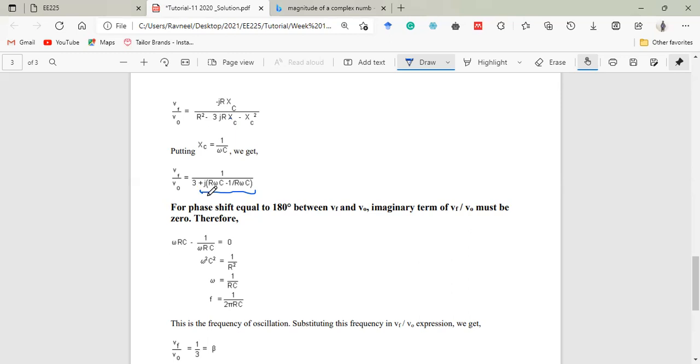There is a phase difference between the capacitive voltage and the inductive voltage when you compare to the normal voltage input. So in this particular case, for the phase shift to be equivalent to 180 degrees between VF and V out, the imaginary term of VF upon V out must be equivalent to 0, right?